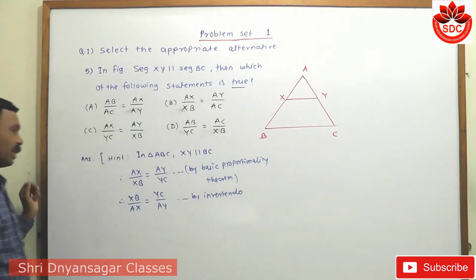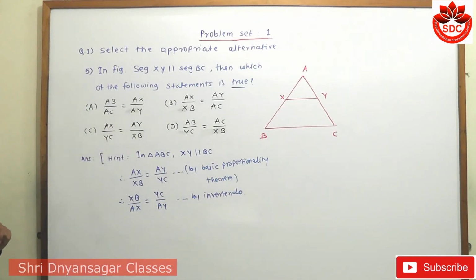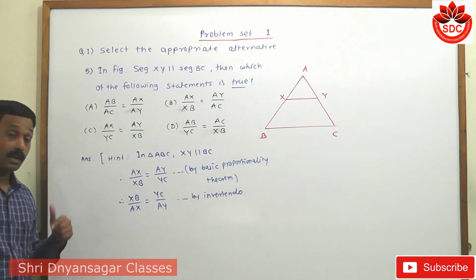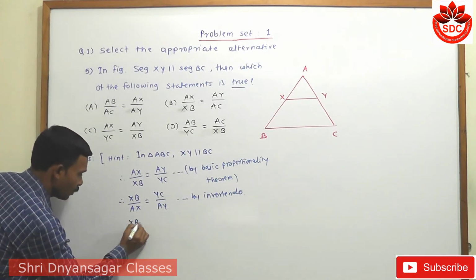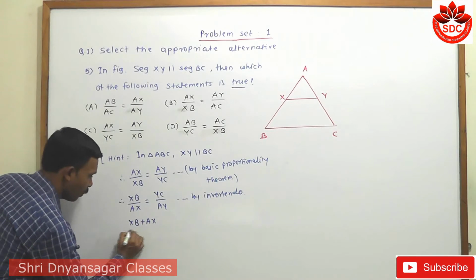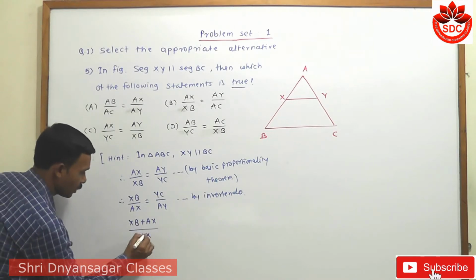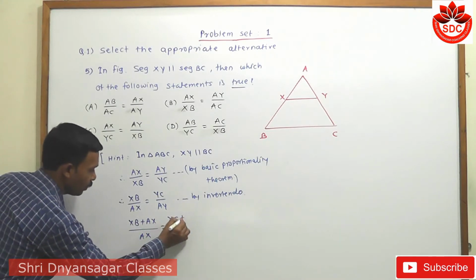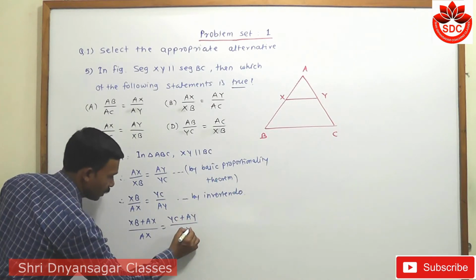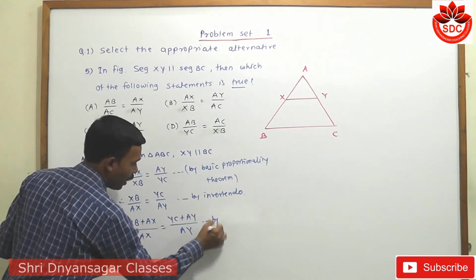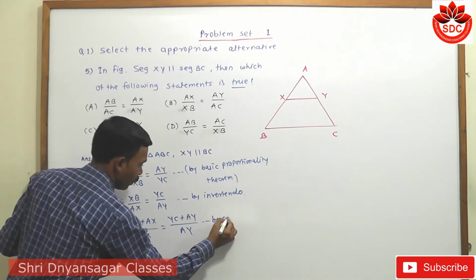We studied this property in 9th standard. Now again by componendo, we take XB plus AX upon the denominator as it is, equals YC plus AY, and the denominator as it is. This is by componendo.